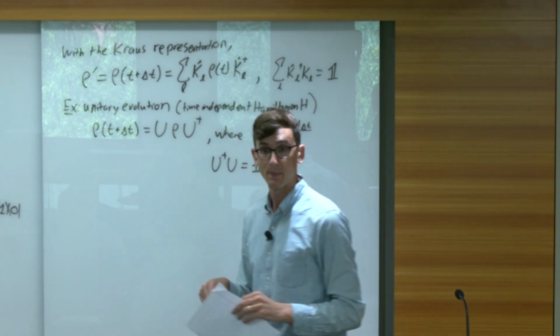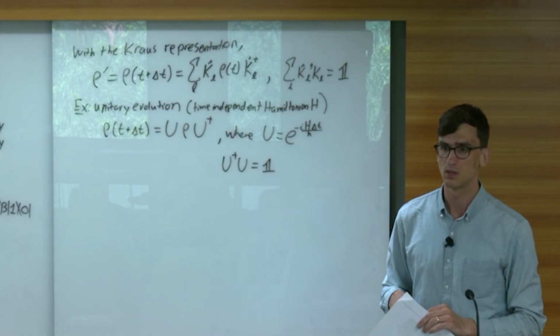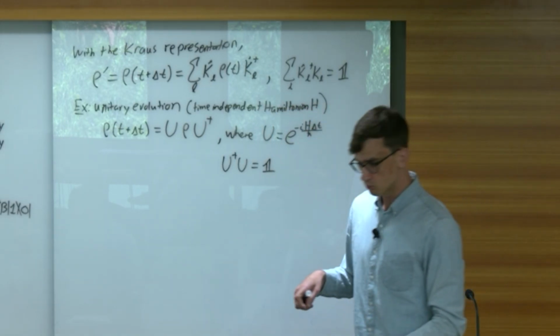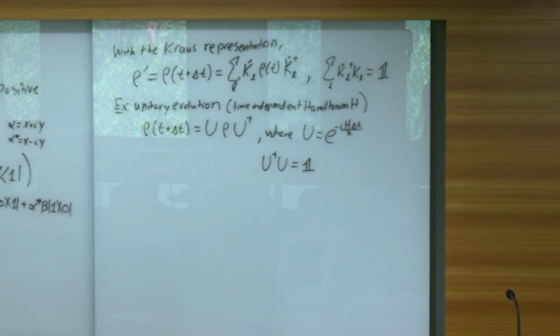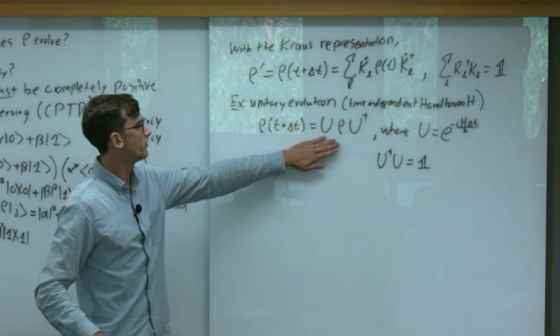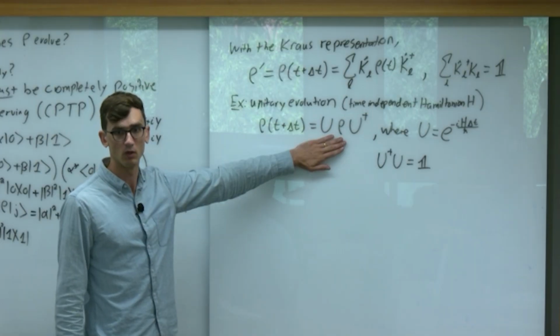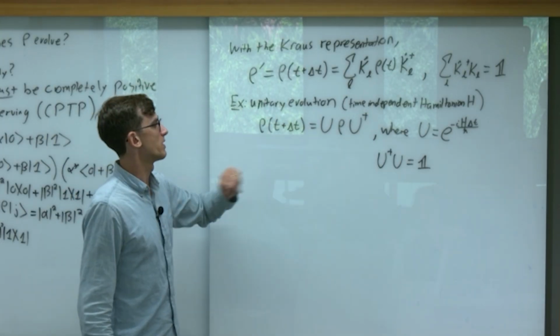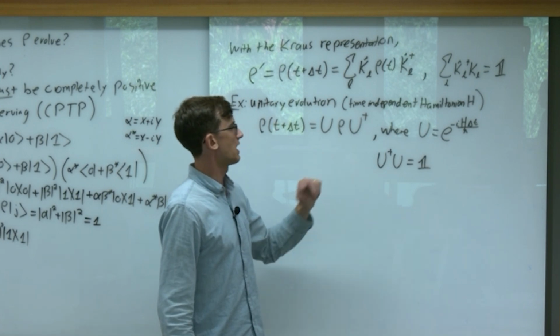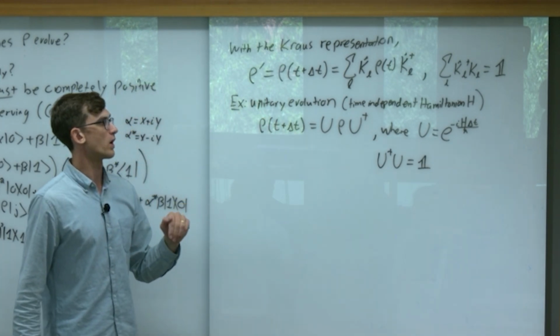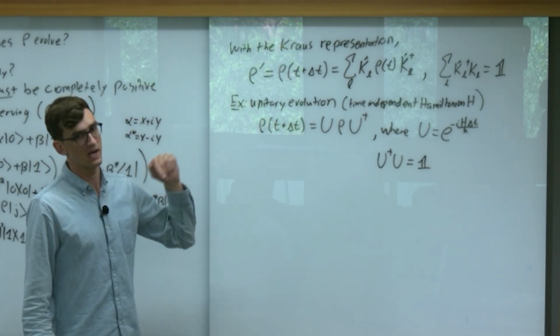Cool. Yeah, sorry, please. Can you explain why it is clear that if you have only one Kraus operator? Right. So it is a bit of an if and only if sort of thing. If you only have a single Kraus operator that describes your dynamics, that is only satisfied in the case where all of your dynamics are unitary.